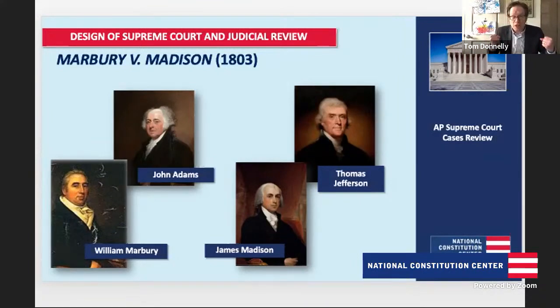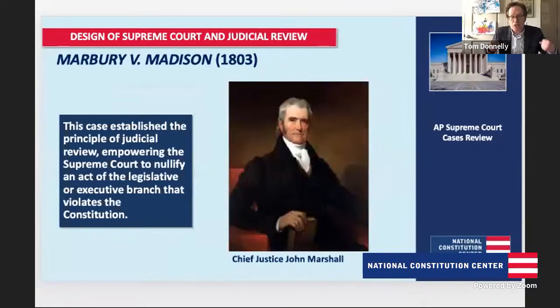For the purposes of today, why is this case so important? Well, Chief Justice Marshall ends up using this case to establish the power of judicial review. This is that important power that courts have to declare certain laws or actions or practices of the government constitutional or unconstitutional. What Marshall says in this case is, Marbury, you're right, you actually do have a right to this commission, but we, the Supreme Court, do not have the power to grant it to you.